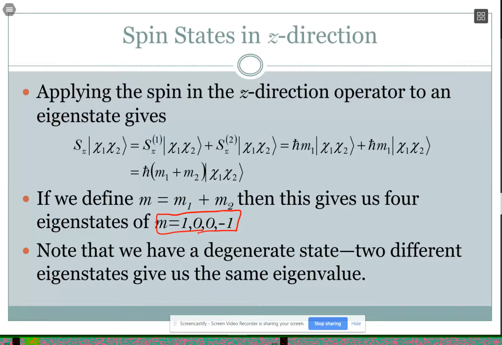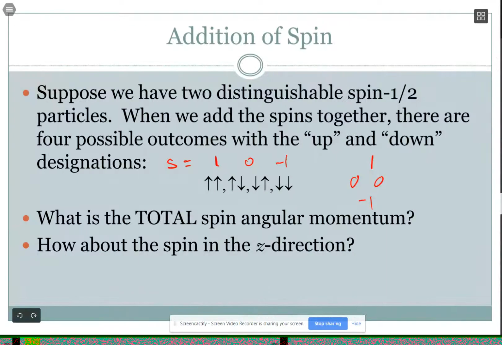What about the total spin? What total spin values do you suppose I can have? If each is a spin 1/2, what's the total spin going to be? Well, no, what we calculated, what I called S here, I should have called S sub Z. That was what it was.